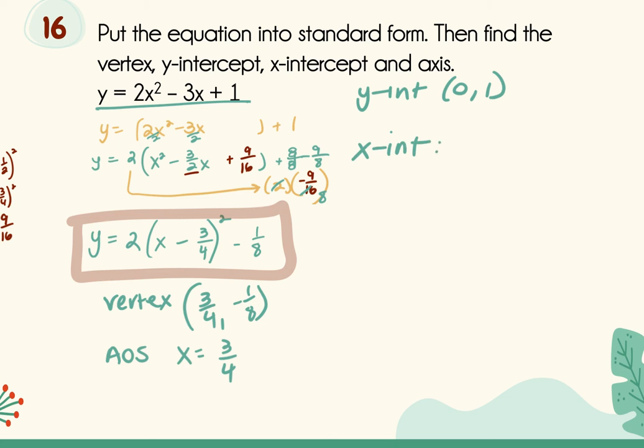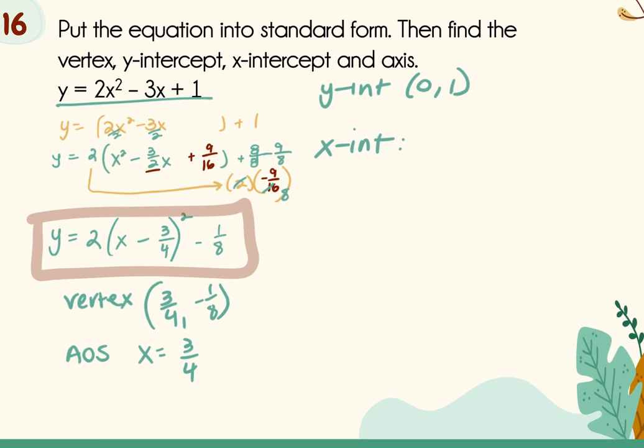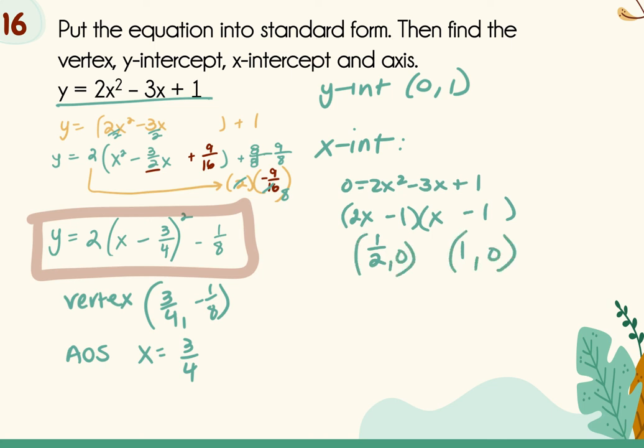Are there factors of 2 that sum to -3? Yeah, negative. So now we can factor it, right? So 0 would equal 2x squared minus 3x plus 1. You could do trial and error, or you could do first times last. So x-intercepts, (1/2, 0) and (1, 0).